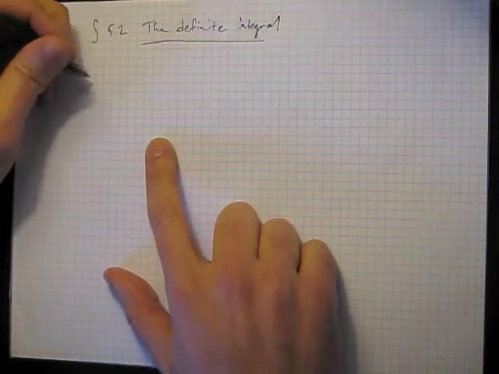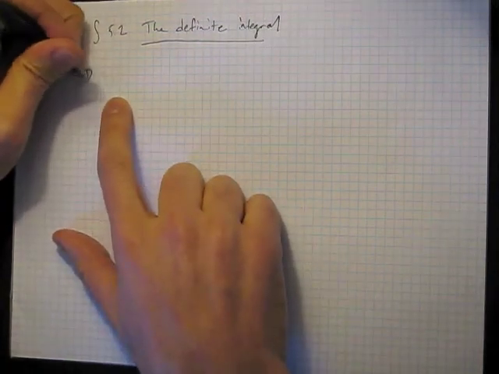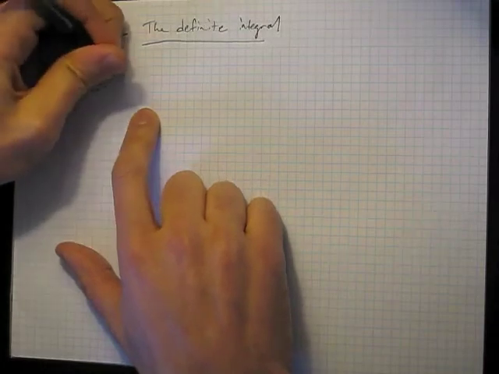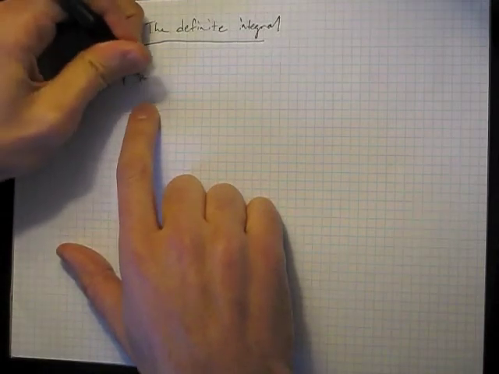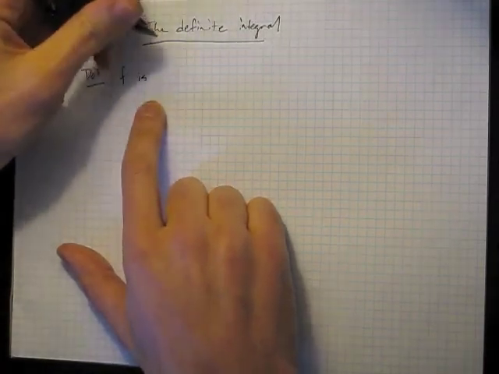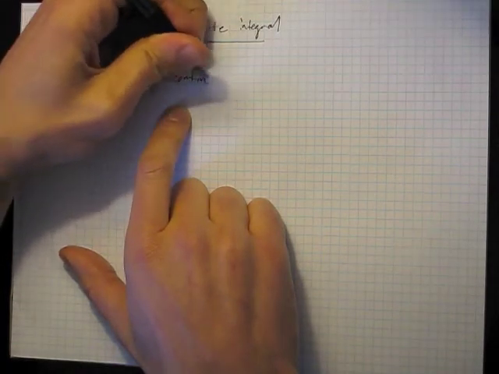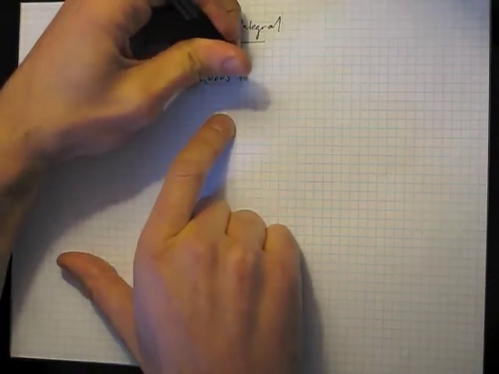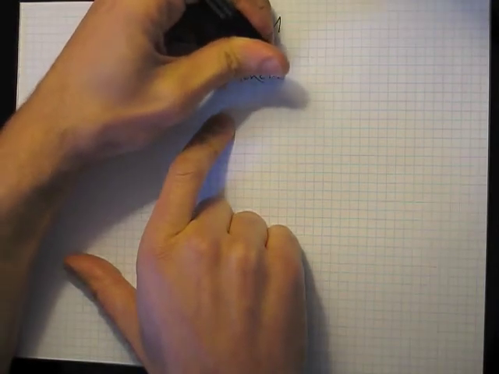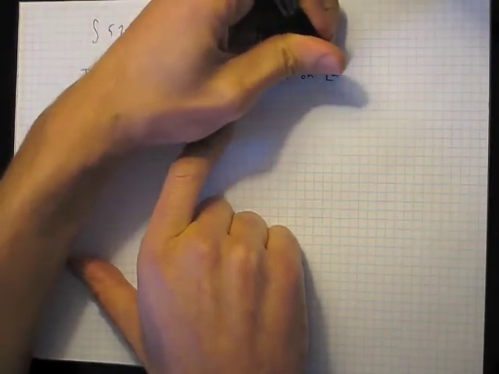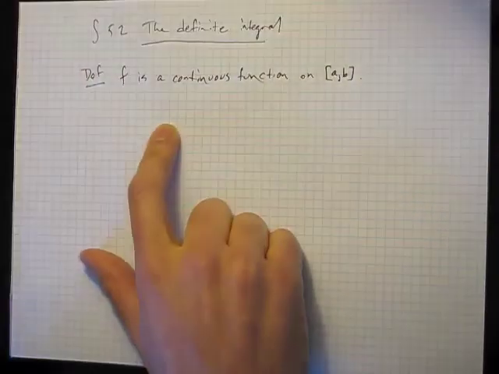Okay, so here's the definition of the definite integral. We have f, a continuous function on the interval from a to b.